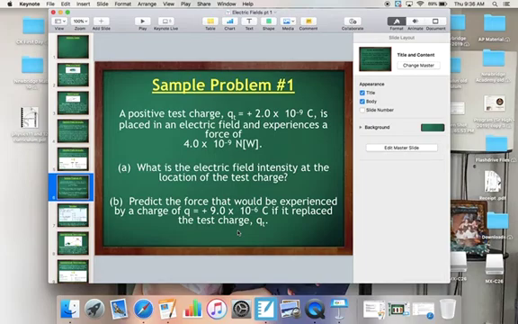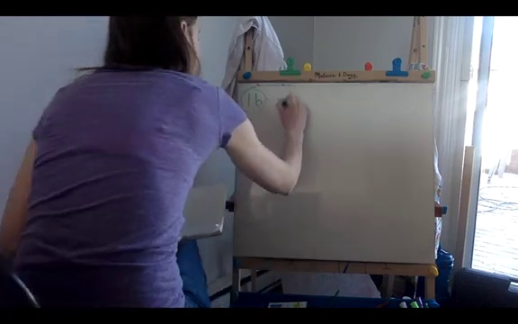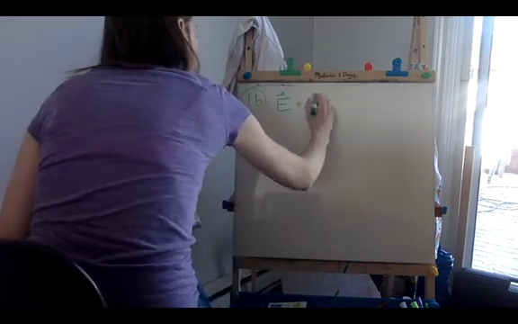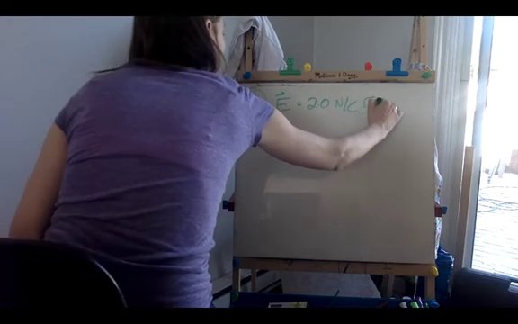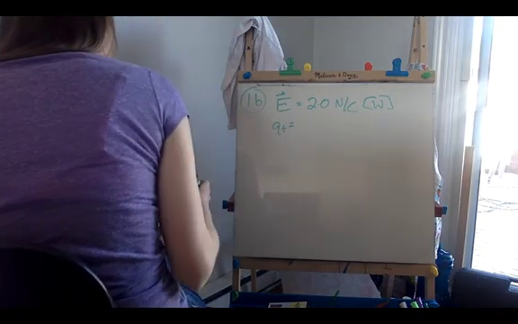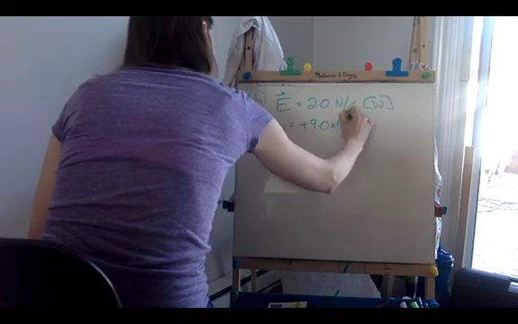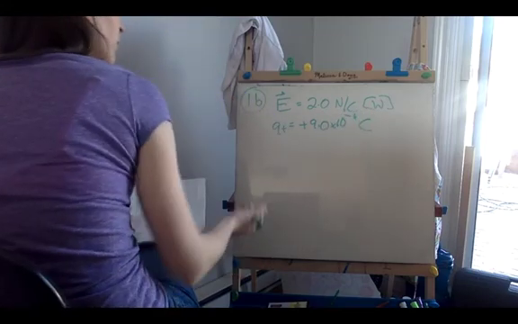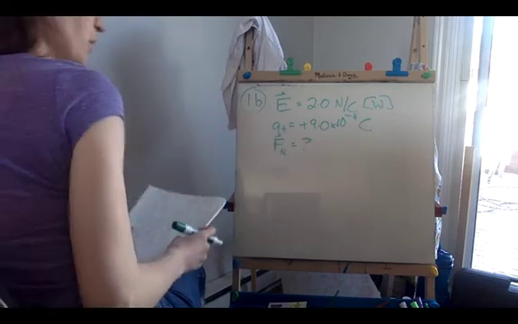For solving this one, we already have the field intensity from part A, which was 2.0 newtons per coulomb, acting in a western direction. Our new test charge value is plus 9.0 times 10 to the minus 6 coulombs, and we've been asked what force that particular charge is going to experience.